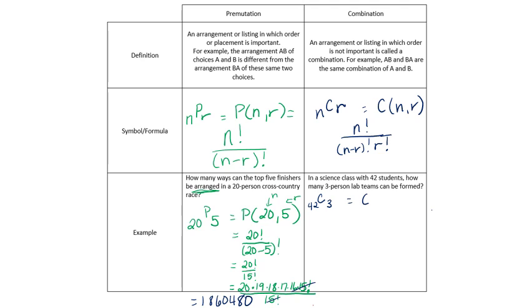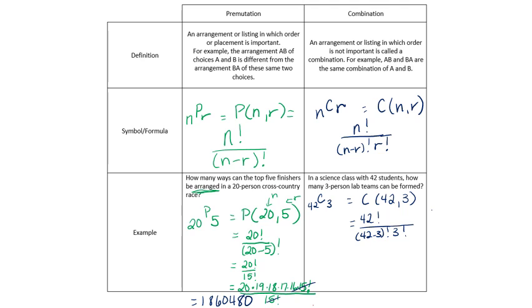Again, another way I can write it is 42 students taken 3 at a time. All right, so n is 42, so 42 factorial over 42 minus 3 factorial times 3 factorial.